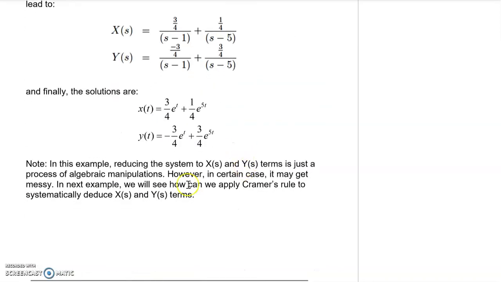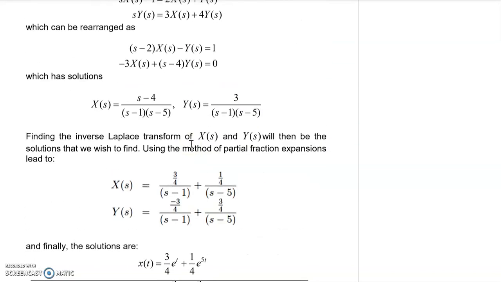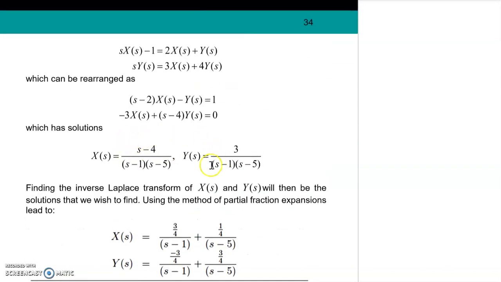In this example, reducing the system to X(s) and Y(s) terms is just a process of algebraic manipulation, meaning how you get from here to here is just manipulation.